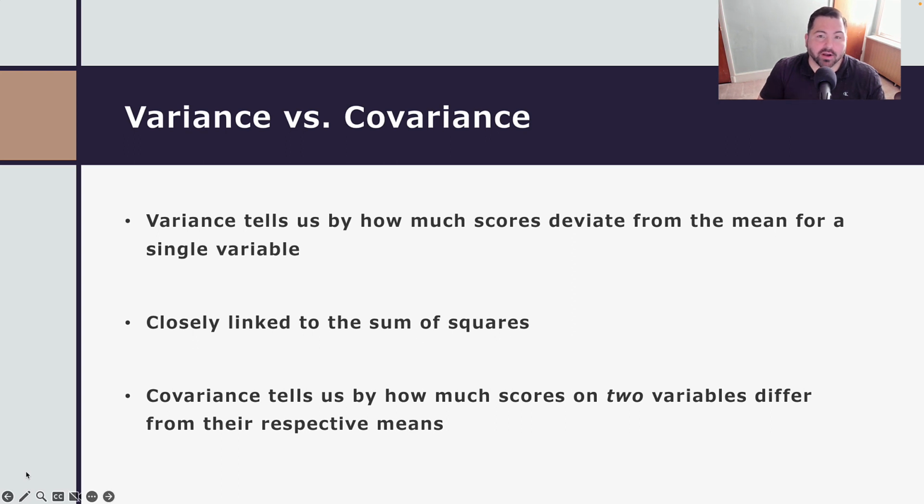And so when we talk about correlation, we're interested in a new concept that is known as covariance, which is going to tell us how much scores on two variables are differing from their respective means, and how we might be able to determine something that's known as cross products, meaning how much of the variance in each of these variables might actually overlap and be tied with each other.